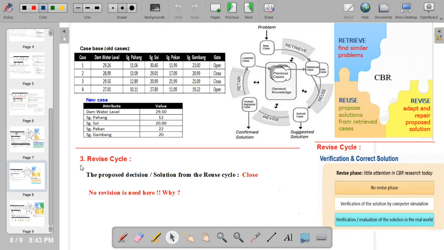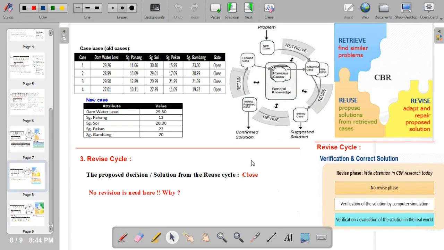However, in executing the revise cycle for our case study, we are going to the first option here, which is no revise phase, meaning that no revision is needed, meaning that we are not going to revise this solution. Why? Because in our case study, the solution is limited to two values, open or closed. So if the suggested solution is closed, we keep it as it is, closed.